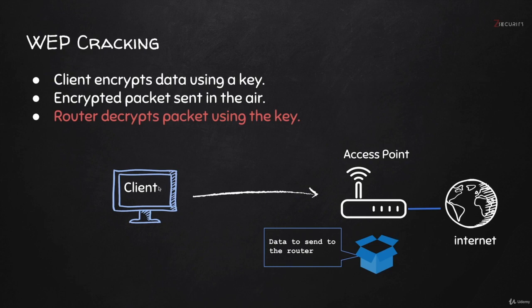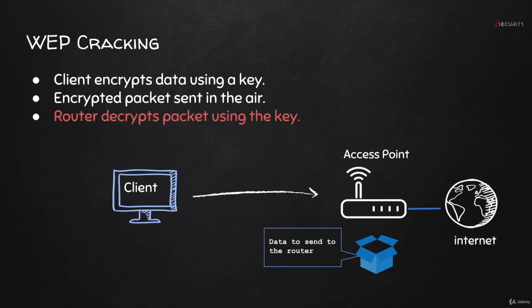The client will be able to decrypt it because it has the key. So the concept is always the same. The transmitter encrypts the data using a key and sends it to the receiver. The receiver is able to decrypt it because it also has the key. Therefore, anybody who captures the packet in the middle will get the packet, but they won't be able to see the contents because they do not have the key.